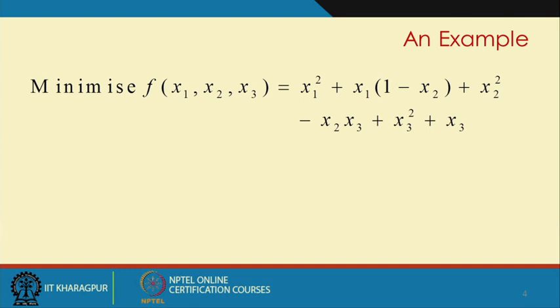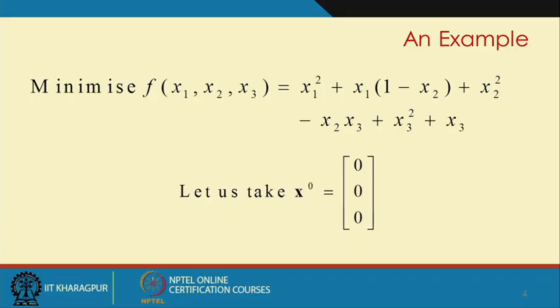There is no specific range to it, because I have said the function is continuous throughout the domain, from minus infinity to plus infinity, for all x1, x2 and x3. Here also we are employing the steepest descent technique. We start from a guess point. Let me consider the guess point as 0 0 0.